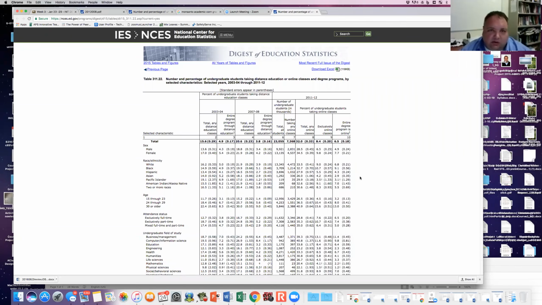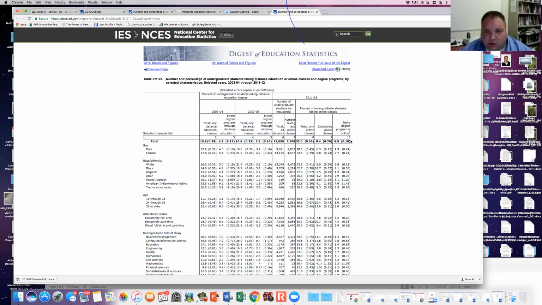But this particular table shows, and I'll highlight stuff, trends in undergraduate students taking distance education courses. And from the table description, this is all done in percentage. So I want us to look at this first line, and it breaks things down by gender and ethnicity.